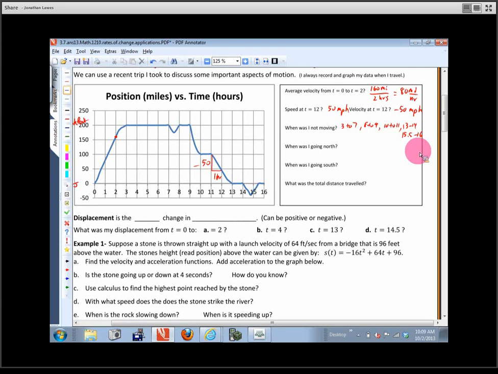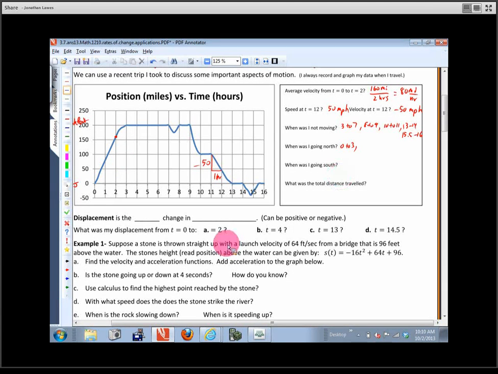Next question. When was I going north? So from about 0 to 3, right? I was going north from 0 to 3. And how can you tell I was going north? Positive slope, or slope on a position function, represents my velocity, so I had a positive velocity from 0 to 3.